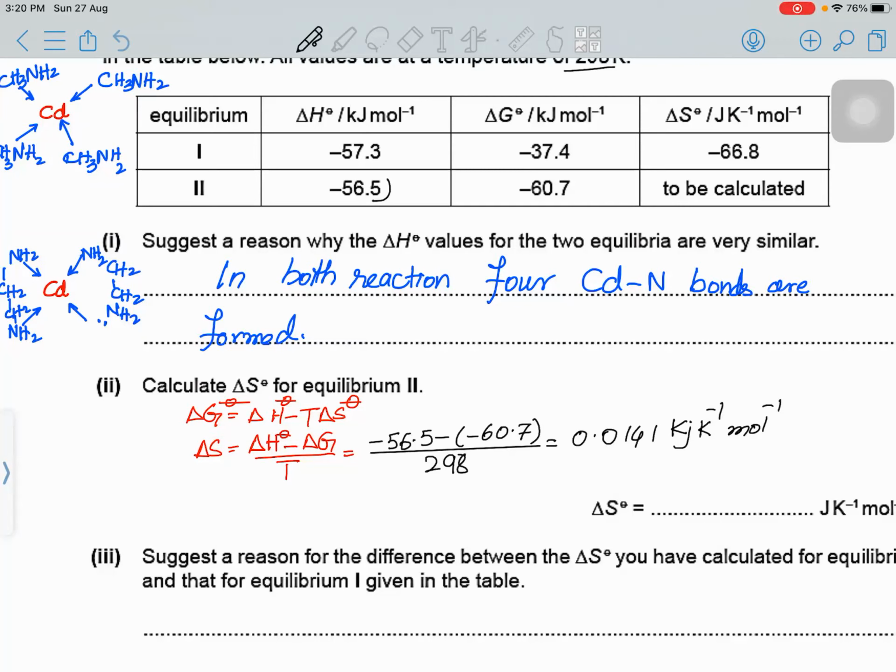So multiply it by 1000. Your answer would be 14.1. So positive 14.1.